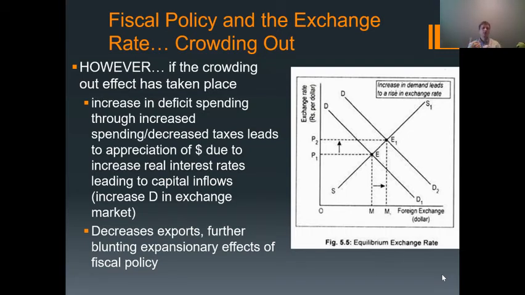All of this further blunts the effects of fiscal policy because that appreciation due to crowding out would decrease your exports. And if you decrease your exports, that's going to push your aggregate demand even further left. So look out for crowding out. Once again, something that doesn't show up too much because there's a lot of hair splitting here, but it does show up from time to time.